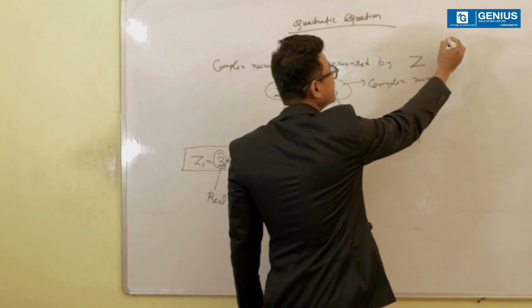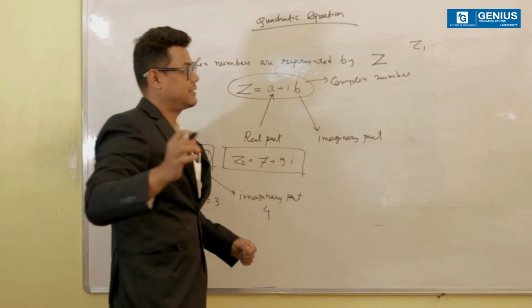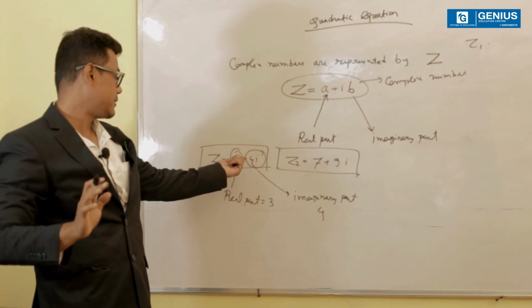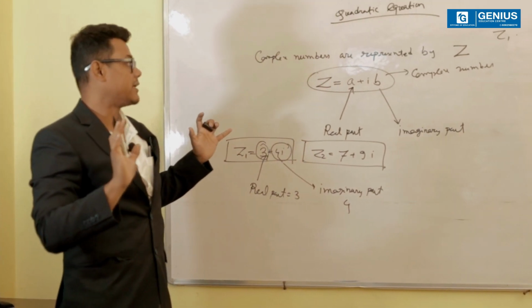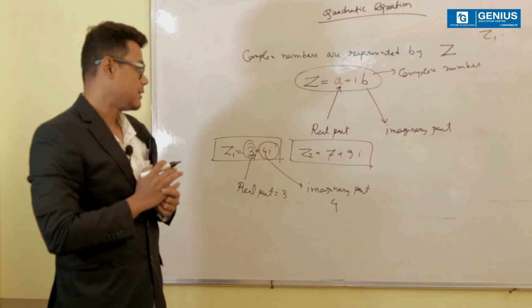It can be represented as Z, Z1, Z2, Z3, Zn, and it can be written as the real part and then the imaginary part. So we are done with the introduction to complex numbers.